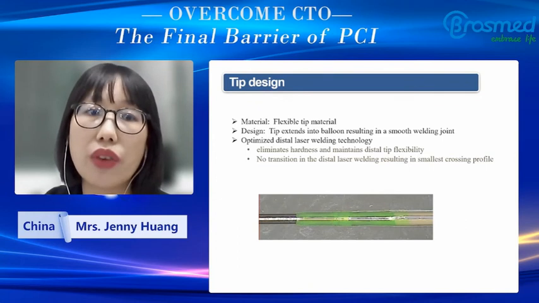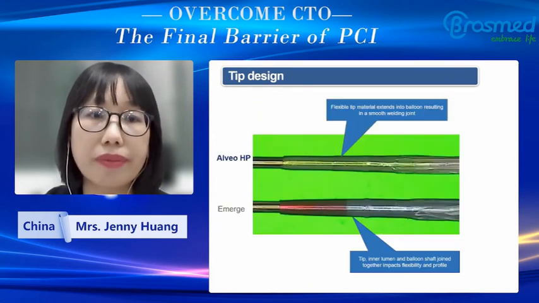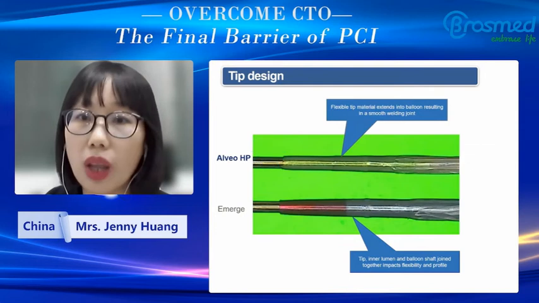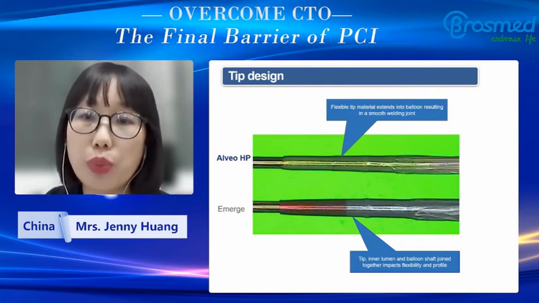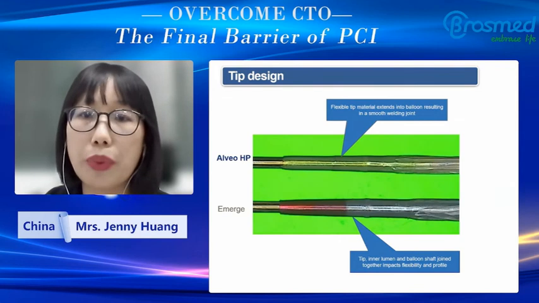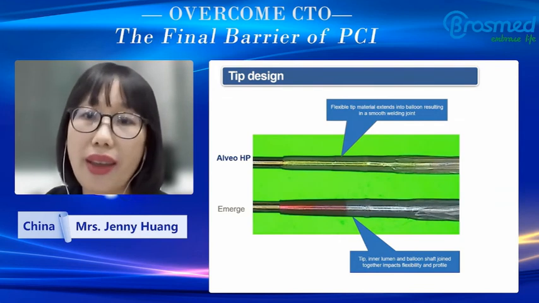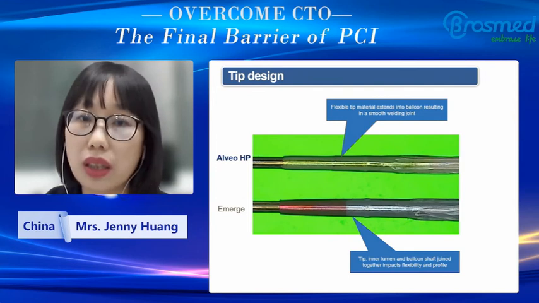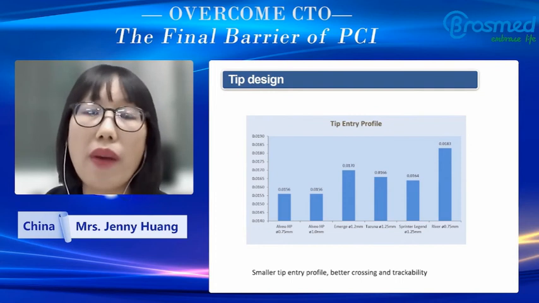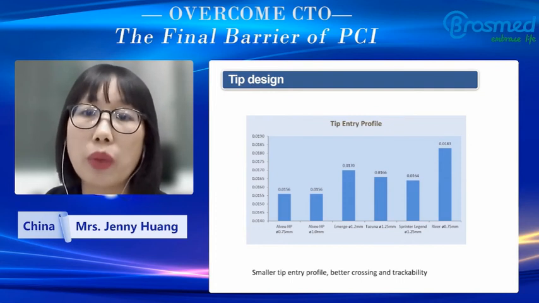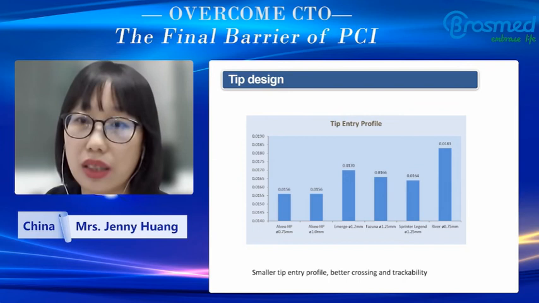So this is the Alveo HP tip profile. The picture showed the Alveo HP tip structure and profile when compared with other brand balloon catheters. So Alveo HP is better in this picture. With the balanced distal tip technology, Alveo HP gets the smallest tip entry profile when compared with other brands' balloon catheters.